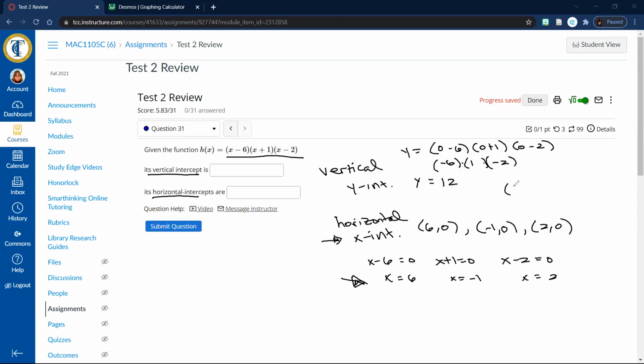So your intercept is (0, 12). And again, that's just plugging in 0 for x. On the x-intercepts they're all different answers, but for the y you put them all together.